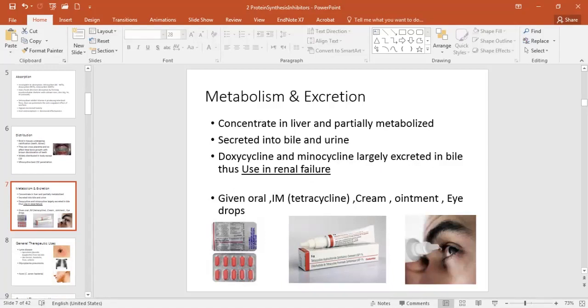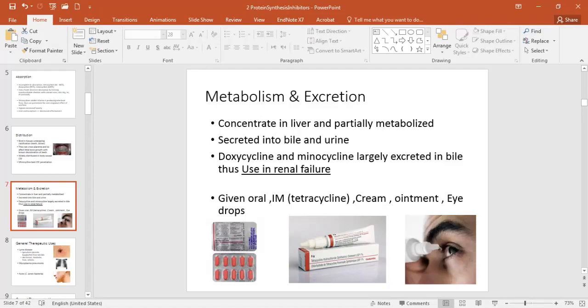Regarding metabolism and excretion, they concentrate in the liver, are partially metabolized, and are secreted into bile and urine. Doxycycline and minocycline are largely excreted in bile and thus used in renal failure.